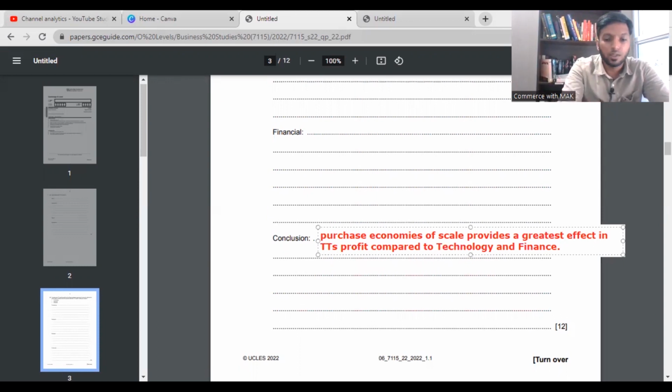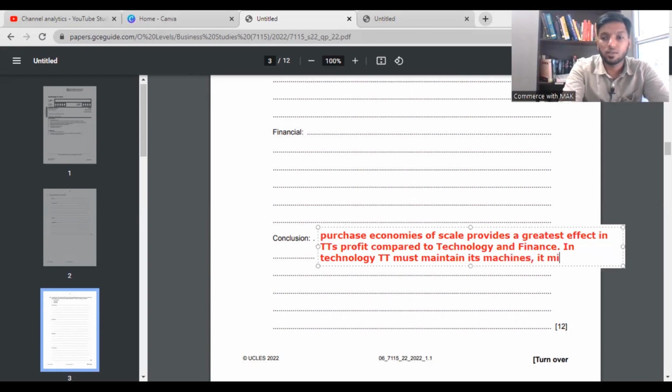So you should say, in technology, TT must do maintenance, TT must maintain its machines.